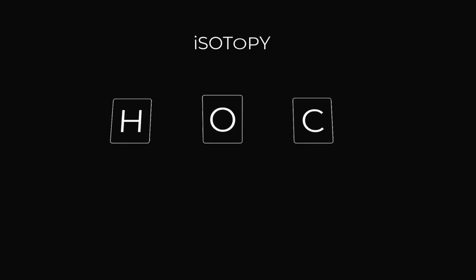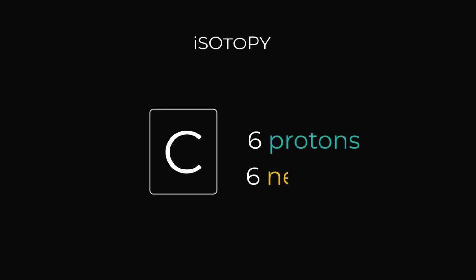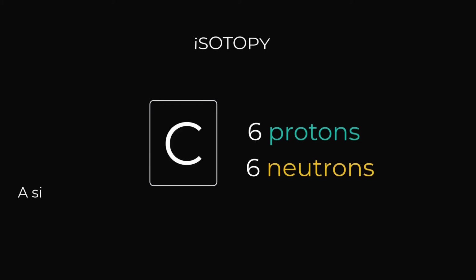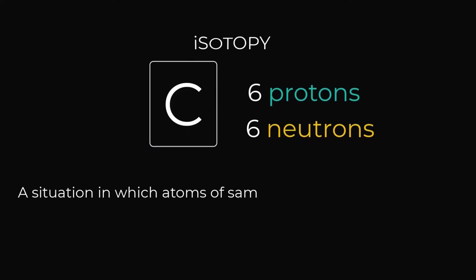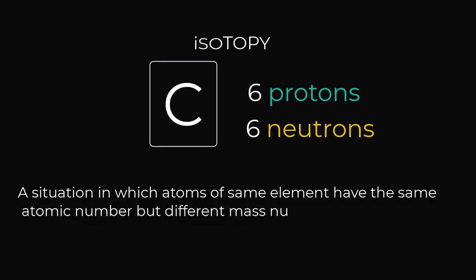Isotopes are named using their mass number. So carbon has 6 protons and 6 neutrons. This means any atom that has 6 protons would be a carbon. But we also know that there are carbon atoms with more than 6 neutrons. Recall our definition for isotopy: a situation in which atoms of the same element have the same atomic number and different mass number.